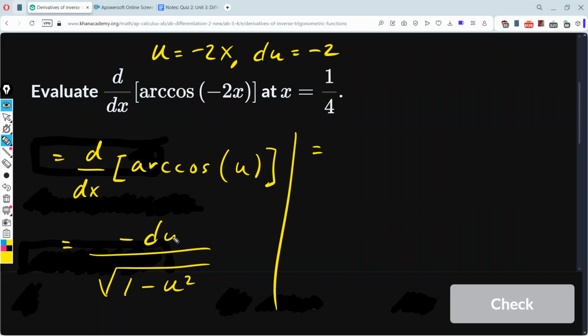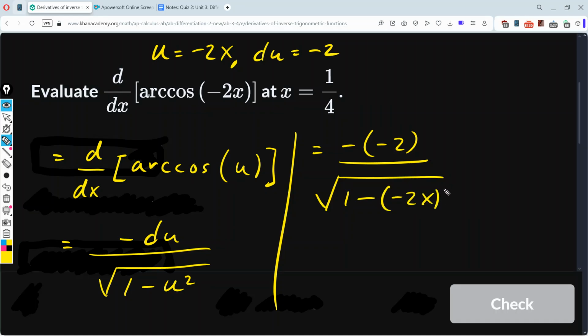So in the numerator, negative du, that's going to be the negative of negative 2, divided by radical 1 minus, and u squared is going to be negative 2x. Make sure you use parentheses, squared. Okay, the negative of negative 2 is 2.